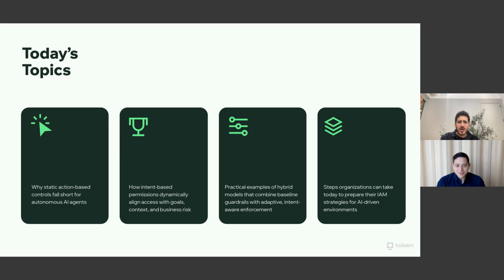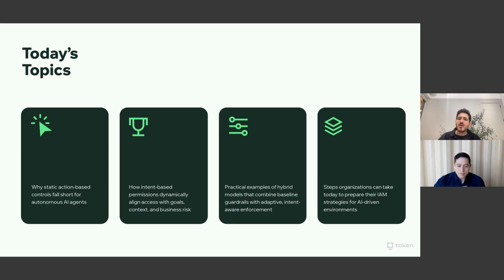Before we jump into the discussion, I just wanted to cover some of the topics from today's conversation. We're going to cover the difference between action-based permissioning and intent-based. How does it look? Why do we need to have this change?